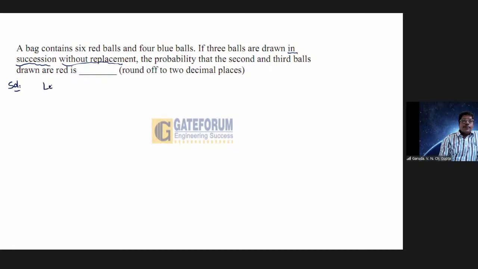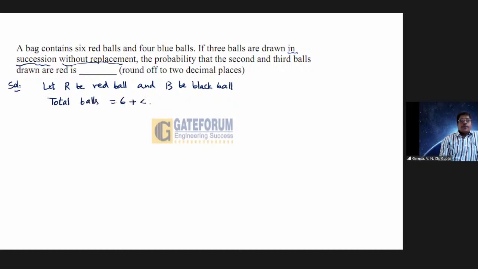So let R be a red ball, and I'm using just symbols, B for a blue ball. Now, total balls: 6 plus 4 is equal to 10. So 6 red balls, 4 blue balls.